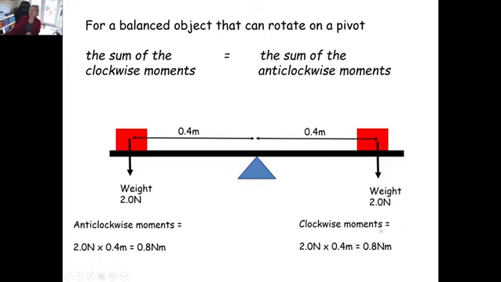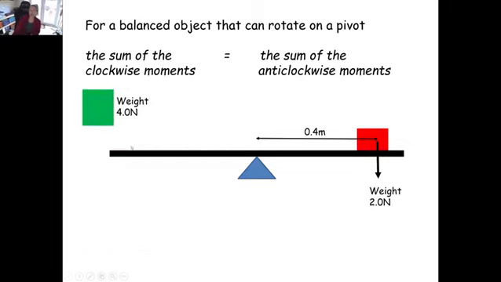So you can see here the sum of the clockwise moments is equaling the sum of the anti-clockwise moments, and that means we have a balanced object rotating by a pivot. So those objects are balanced, and that point won't move.